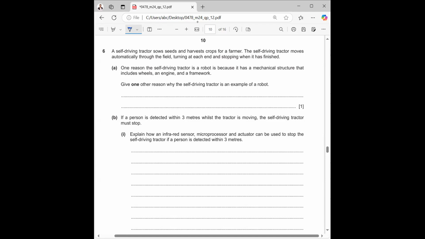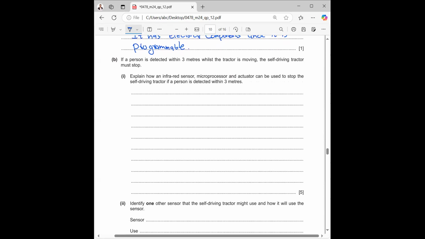Okay, all right. That's also correct. You can also write that it has electrical components and it is programmable, right?